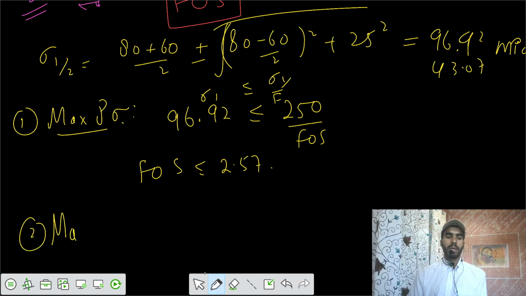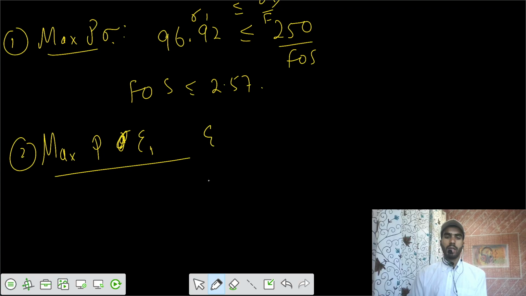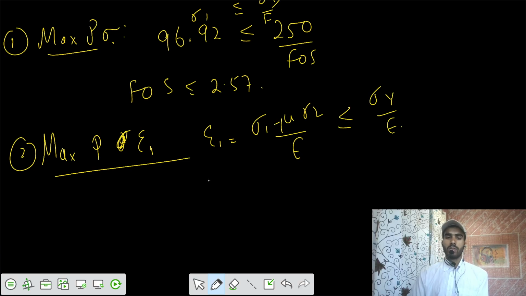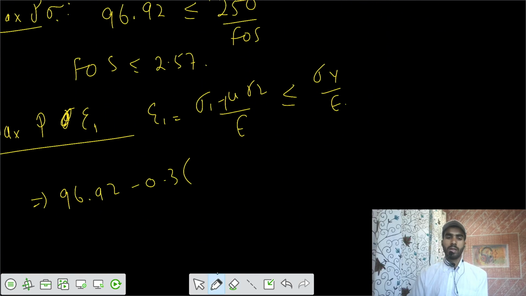Next method, we can write maximum principal strain. The maximum principal strain would be epsilon 1 equals sigma 1 minus mu sigma 2 by E. That should be less than or equal to sigma y by E. So we can say 96.92 minus 0.3 times sigma 2, 43.07, should be less than or equal to your yield stress of 250.